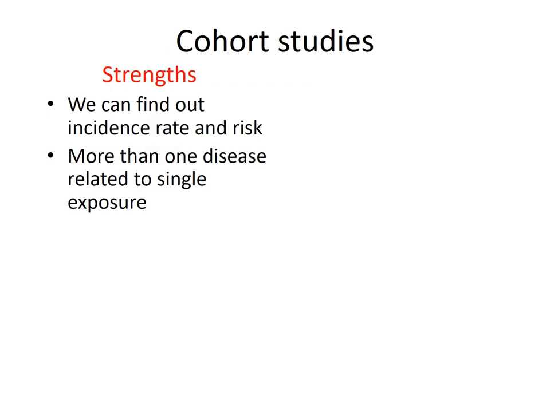For example, if we look at the association between vitamin D deficiency and osteoporosis. So we start with subjects who don't have osteoporosis, but they have different levels of vitamin D. We follow up for 3 years and see who will have osteoporosis. Also, other complications could occur.